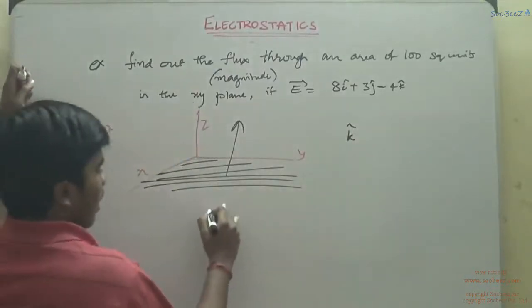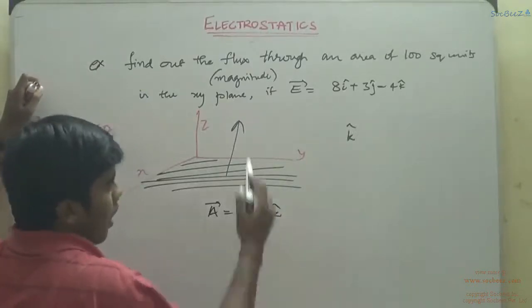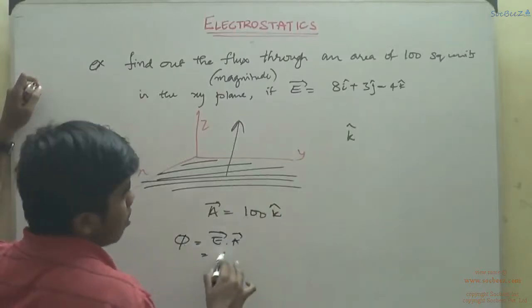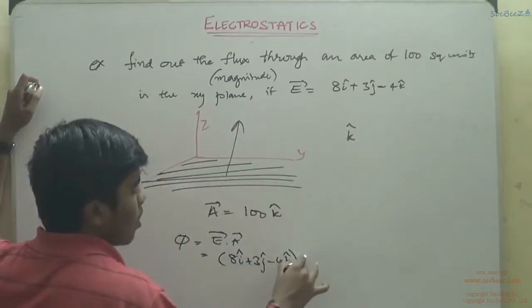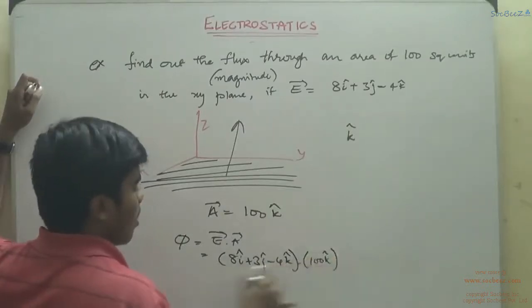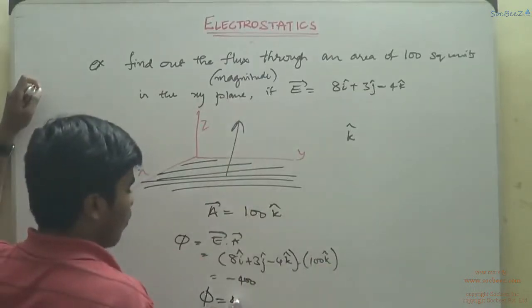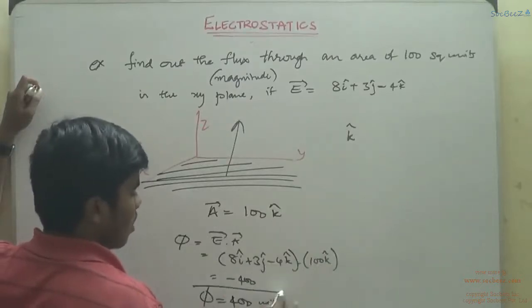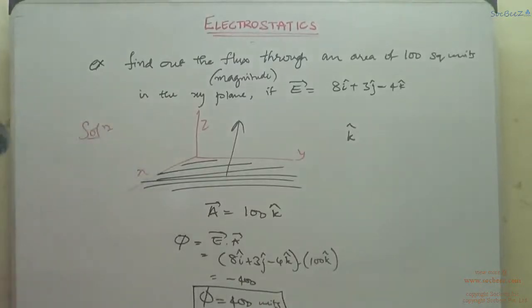So the area vector here is equal to 100 times K cap, and the flux will be equal to E dot A vector, which is equal to 8 I cap plus 3 J cap minus 4 K cap dot 100 K cap, which is equal to minus 400. But since we are asked the magnitude, the magnitude of flux is equal to 400 units.